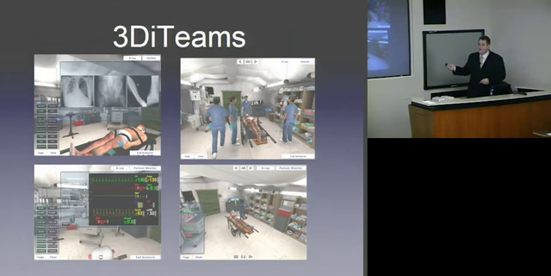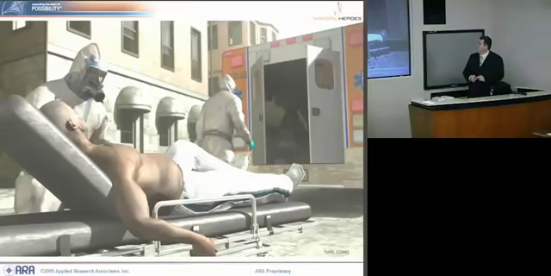So we could have people in India connecting with people here, but working together within a shared environment. We're studying this now, comparing outcomes and knowledge, skills, and attitudes between this type of training and high-fidelity simulation.